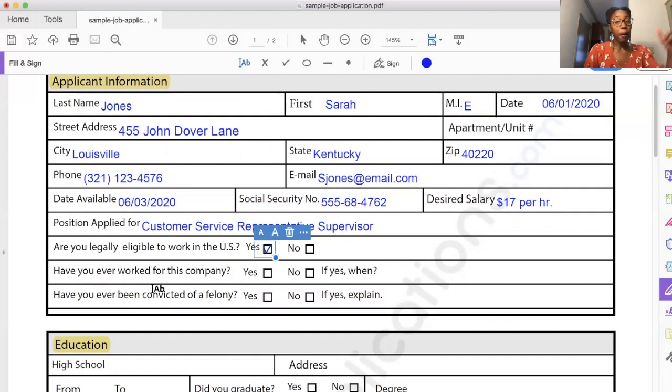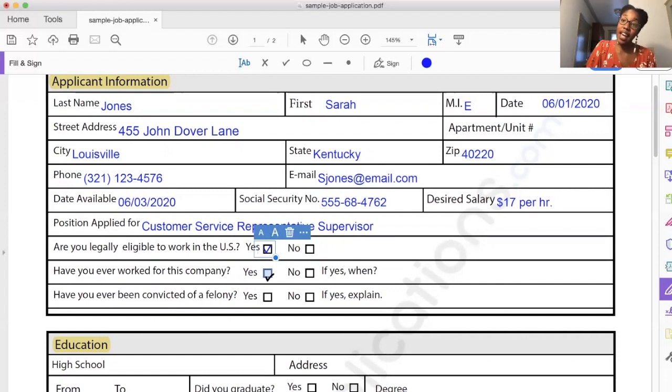Worked, past tense. For example, Sarah Elizabeth Jones is applying to be an Amazon customer service representative supervisor. Has Sarah worked for Amazon before?